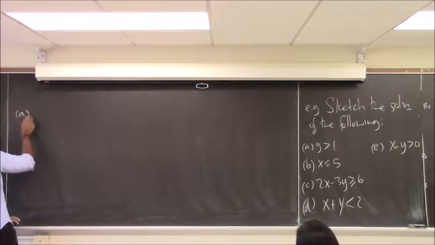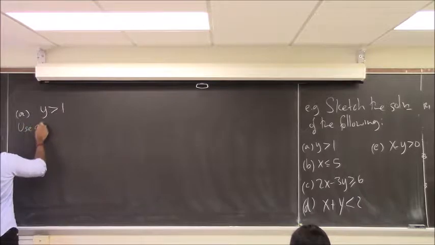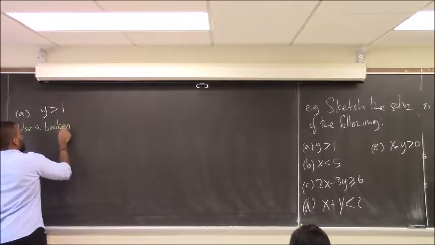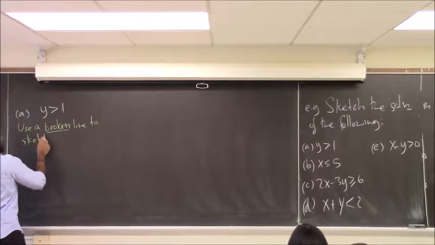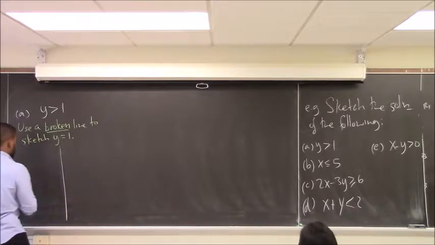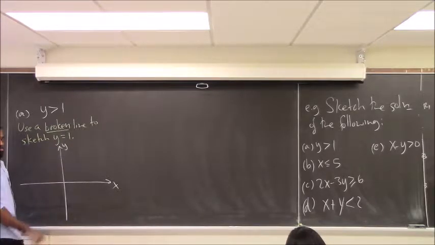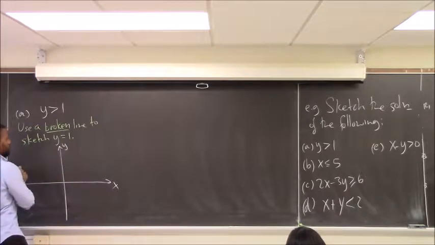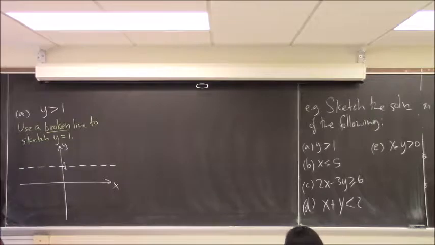So A, y greater than 1. What do you do? Use a broken line to sketch y equals 1. So you pretend it's an equation and you sketch that equation. What does y equals 1 look like? Horizontal line going across here, but you draw a broken line, going through 1.